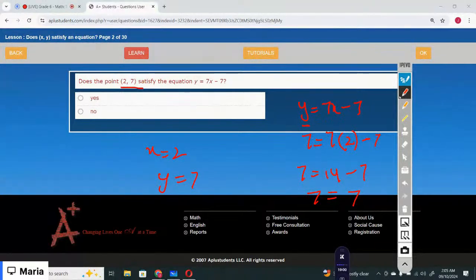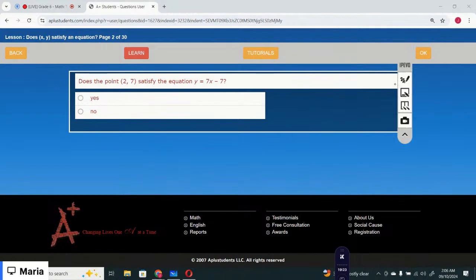So that means yes, 2, 7 satisfies the equation. So 2, 7 is the solution of the equation. Got it? The correct option is yes.